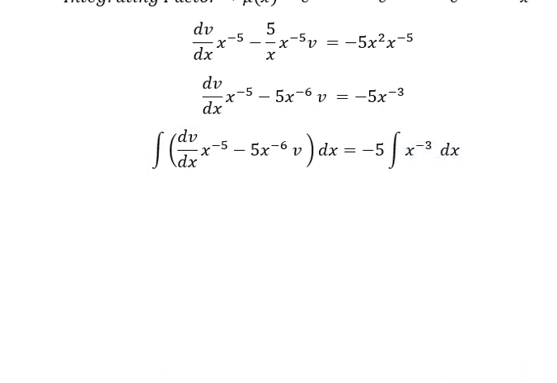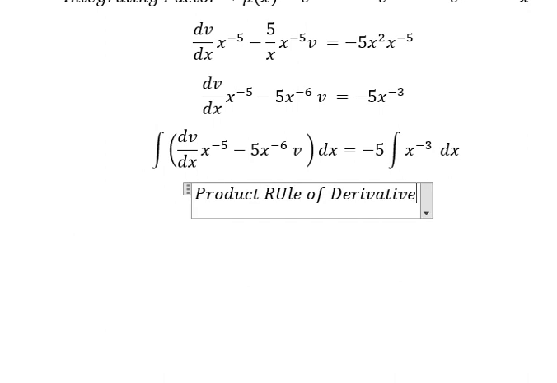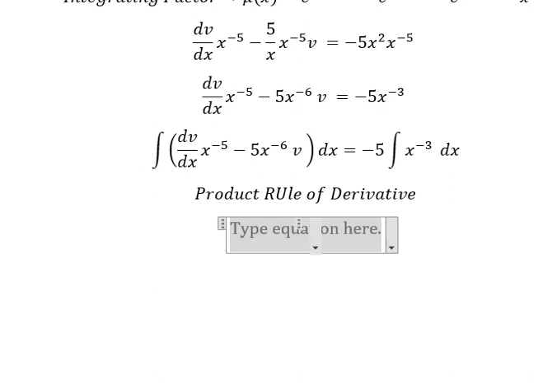So we can use the product rule of the derivative. The first derivative of y equals the first derivative of a multiplied by b plus the first derivative of b multiplied by a.